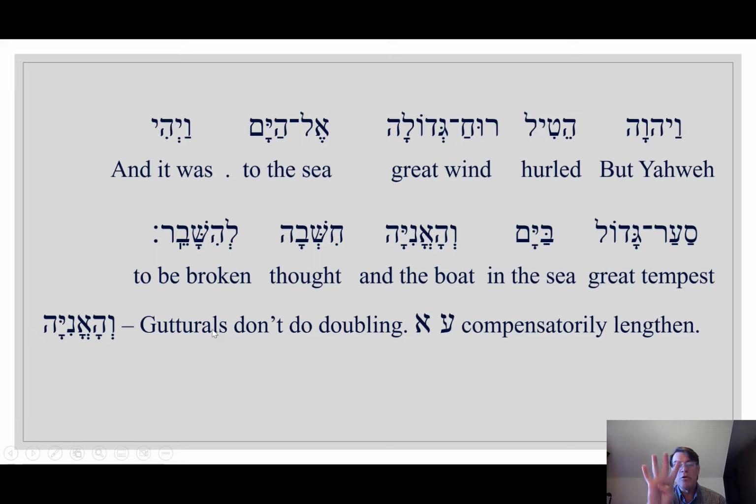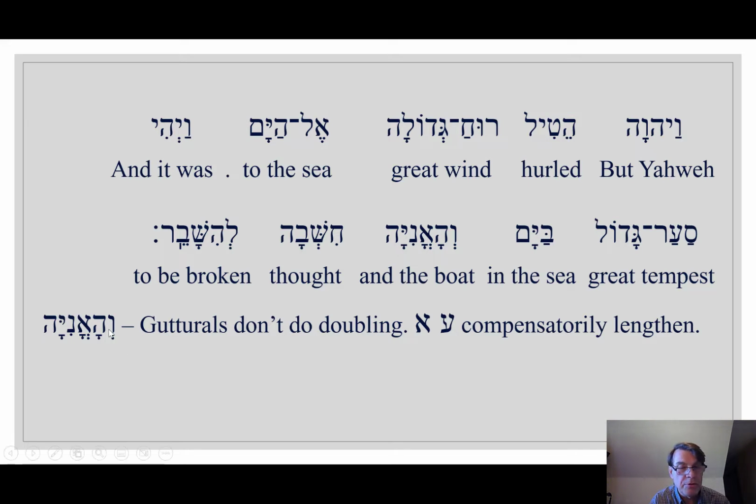So gutturals, there are four guttural letters in Hebrew. They are aleph, ayin, hey, and chet. These letters don't do doubling. They're like, that's not in my contract. I don't double. I refuse to double. I'm a guttural. And so this is the boat here. And the hey, what's the normal form of the article? Article is the word "the." What's the normal form? It's hey, patak, doubling. The hey tried to double the aleph, and the aleph says, I don't do doubling.